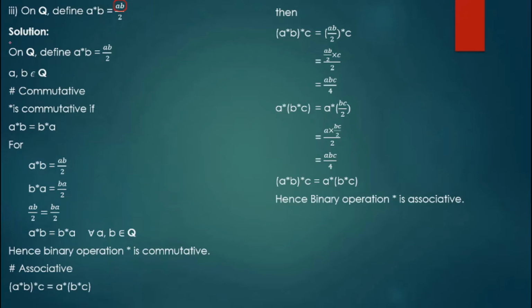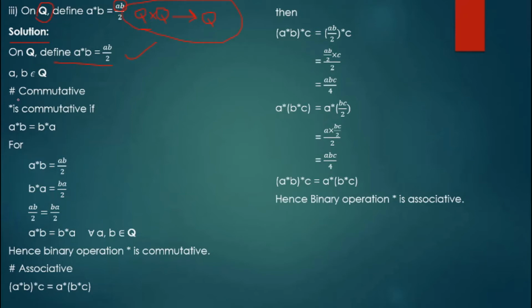Solution: on Q define, we write the question, and we know that this A and B belong to Q. The whole thing we are not writing, but it means the same thing.